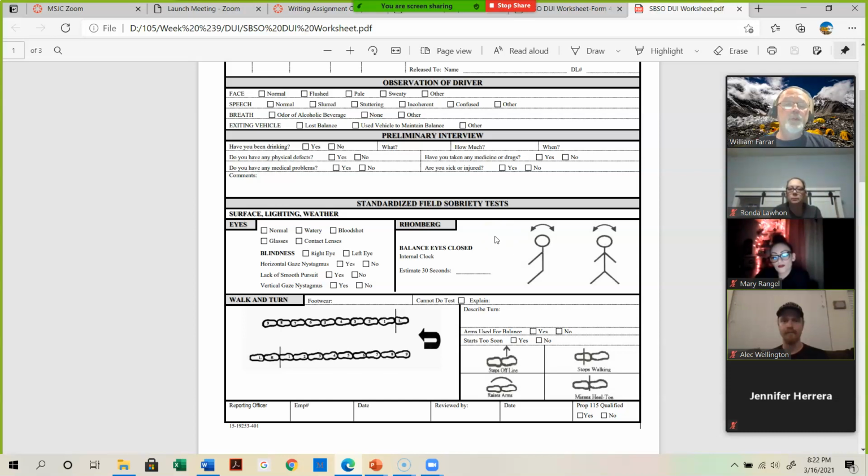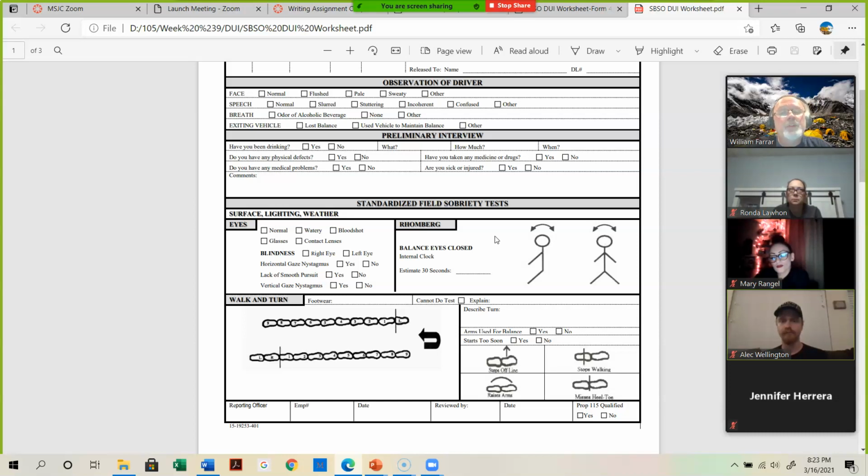And you tell them to estimate 30 seconds. When they think 30 seconds is up, they open their eyes and tell you. Typically, an intoxicated person will stand there for like 3 minutes and then finally either fall over or open their eyes and go, okay. And it's been 3 minutes, which means that they can't really judge time well.